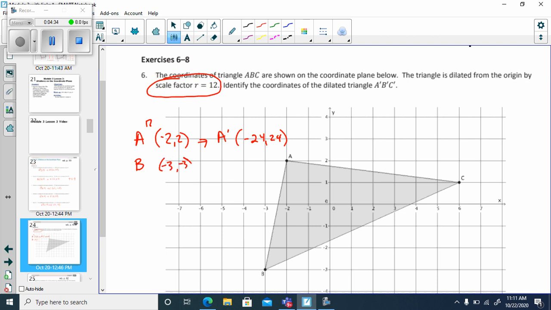So if I multiply that by 12, my B prime is going to be at (-36, -36). Okay? And then C. C is currently at (6, 1). So if I multiply that by 12, C prime would be at (72, 12). Okay? Those are all the coordinates for the dilated triangle.